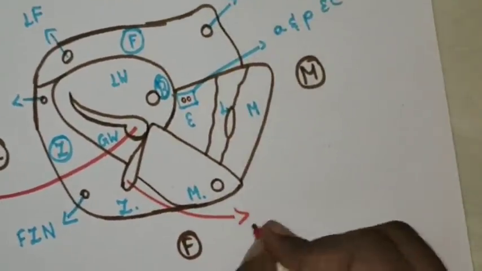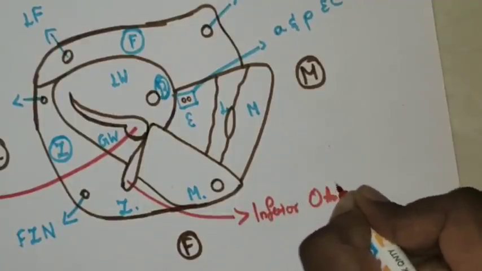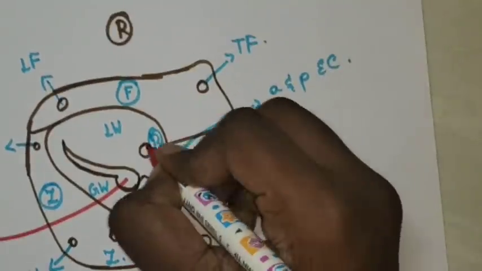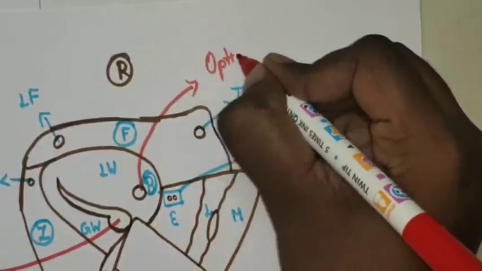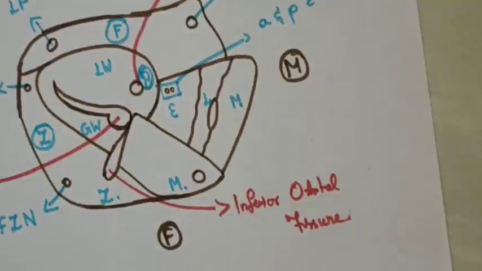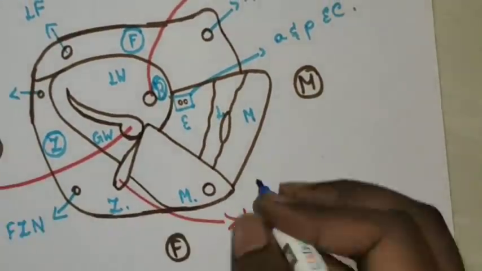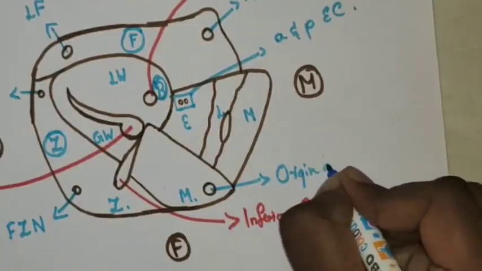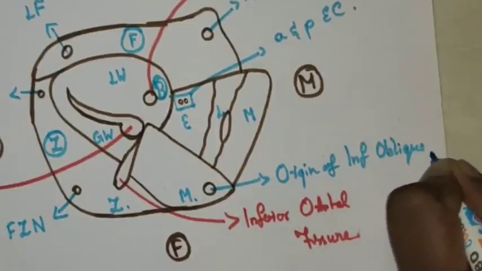This will be our inferior orbital fissure, and this will be our optic canal. And this thing is the origin of the inferior oblique muscle.